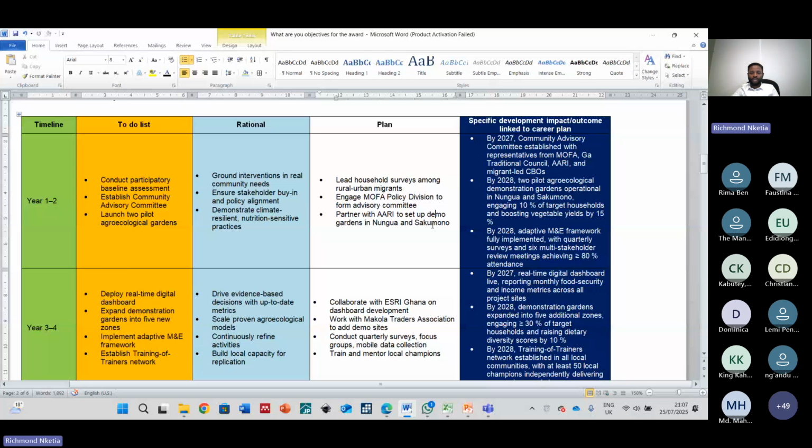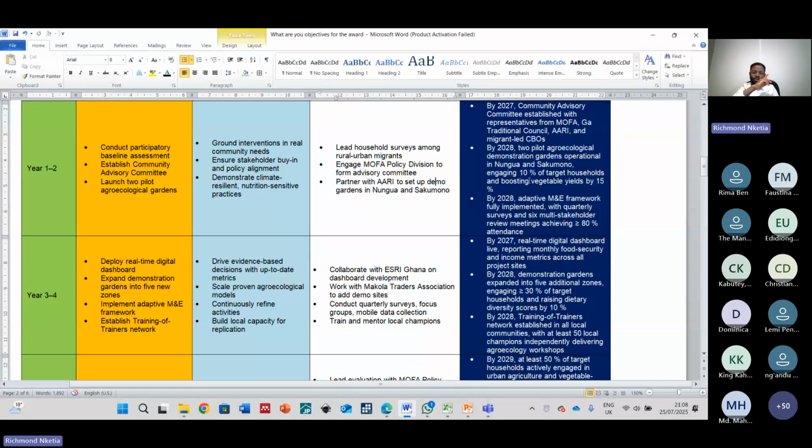And if I'm able to do all this, this is what is going to happen. But if I'm writing the essay, I will not bring this one. I just brought this to let you understand how each section of the essay links to the other. So if I do all these in the first 2 years, say 2026 and 2027, by the end of 2027 I would have been able to establish a community advisory committee with representatives from the Ministry of Food and Agriculture, the Ghana Traditional Council, and all those who matter, which goes back to the outcomes and impact statement that I wrote up there.